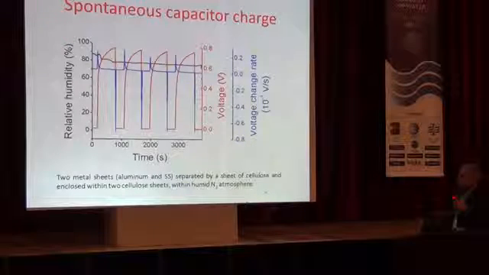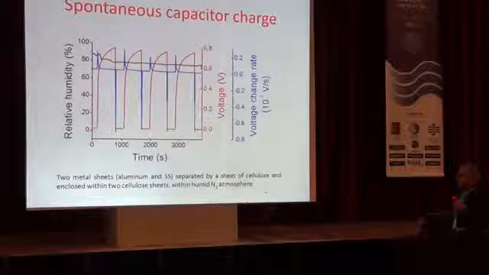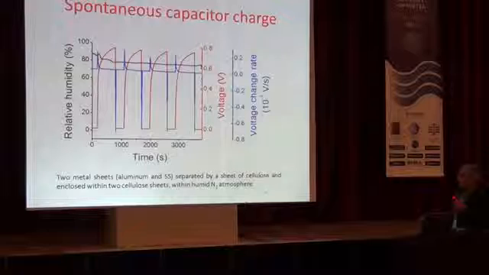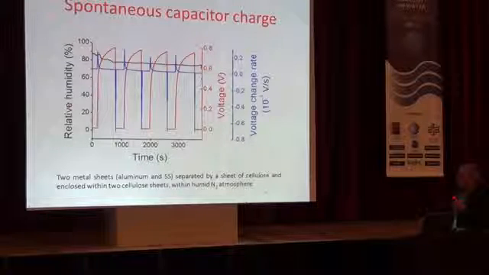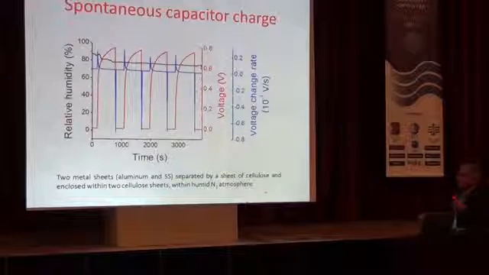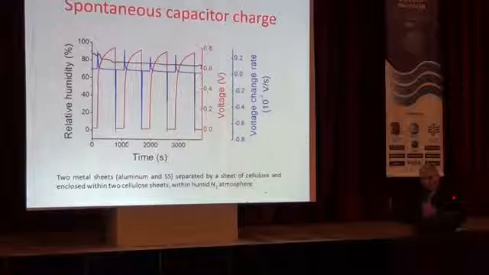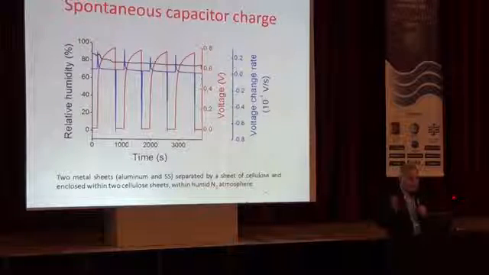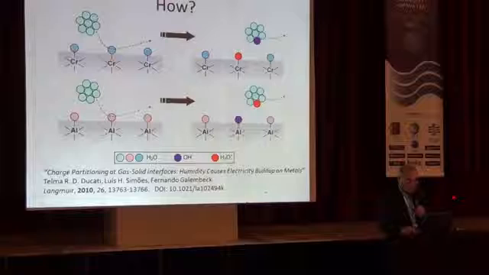So as we open the circuit, the capacitor charges itself spontaneously. We are not doing anything. Here, short circuit again. The maximum that we managed to do were 600 cycles of charge and discharge in this way.